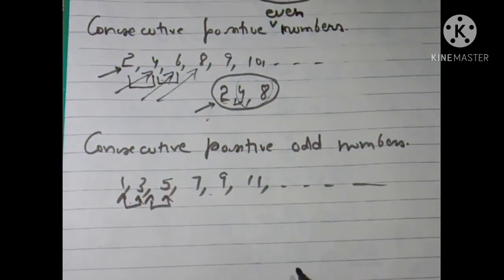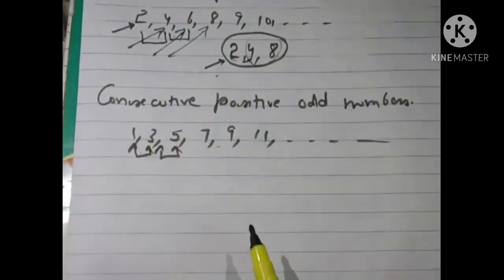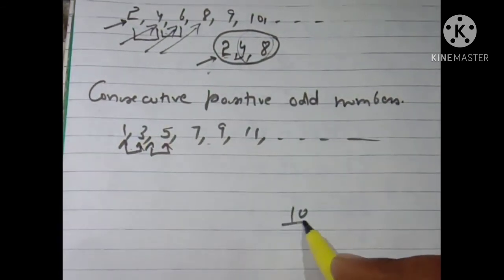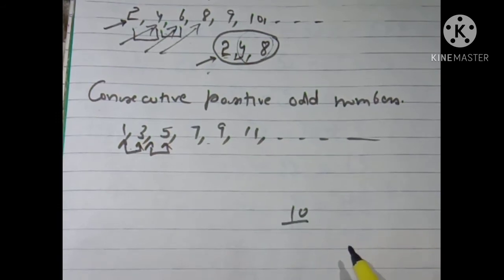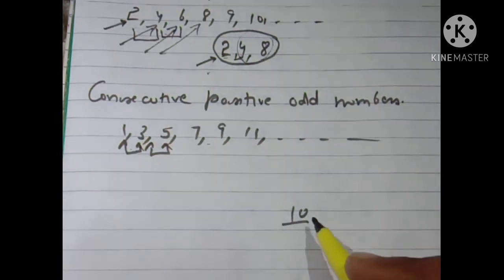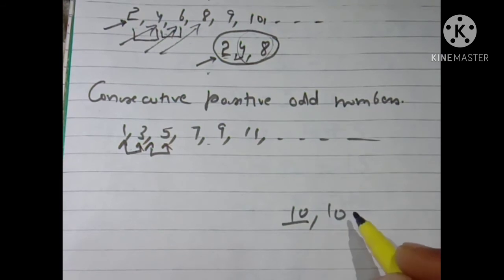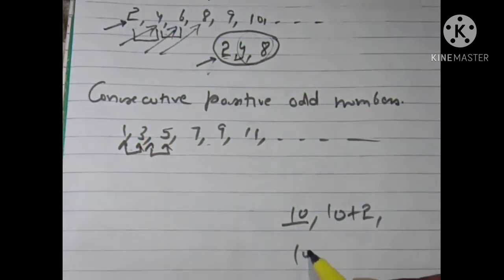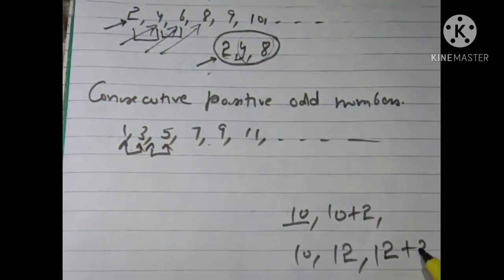Suppose I am taking the example for even numbers. Suppose 10 is given and with the help of this 10 we have to write down the next two consecutive terms. Then what can be the next two terms? Then we have to add 2 with this 10, then it will become 10 plus 2 is 12, and then further with this 12 we have to add 2.